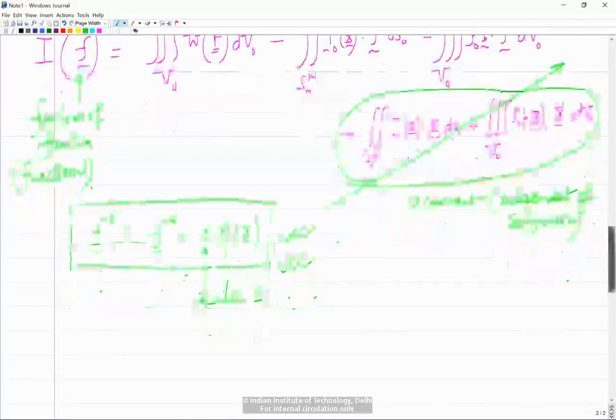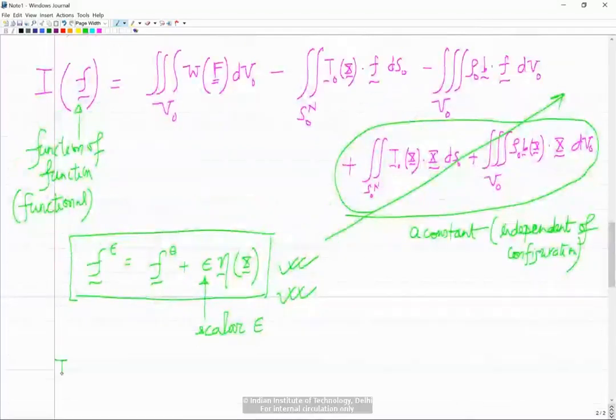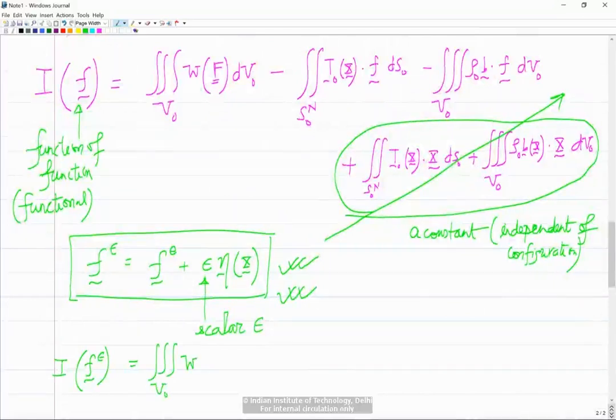So let us write down first I epsilon. So wherever you have f, you have small f, that has to become f epsilon. So first is the strain energy. So it is W of big F. So big F will become big F epsilon, minus S naught N. And you see this big T naught is independent of small f, so it remains big T naught.